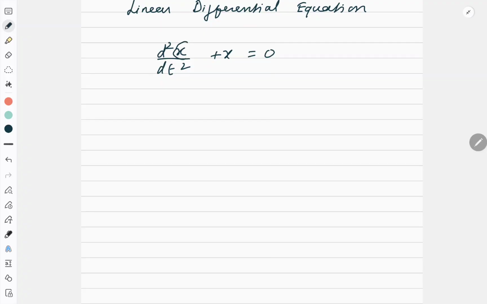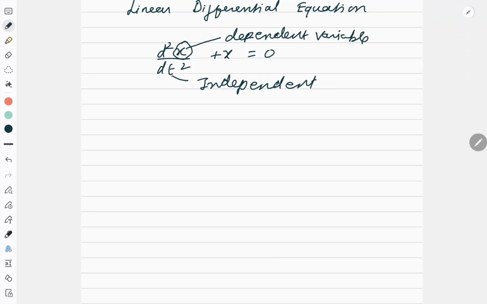Here this x is the dependent variable and this t is the independent variable. Based on the change in t, we are getting the change in x. So this is how we define the dependent and independent variables.